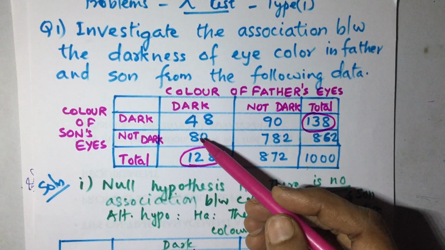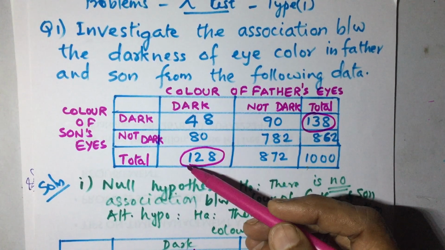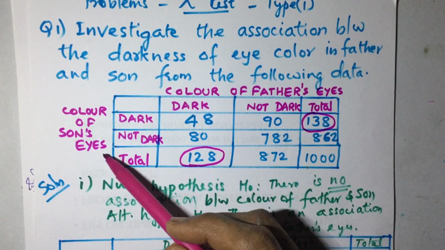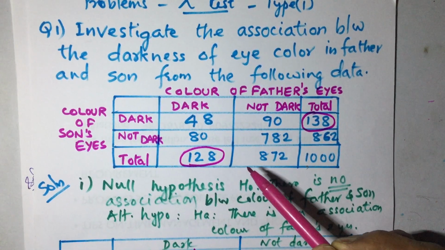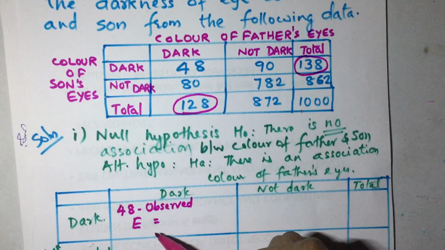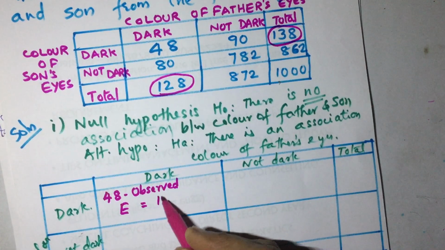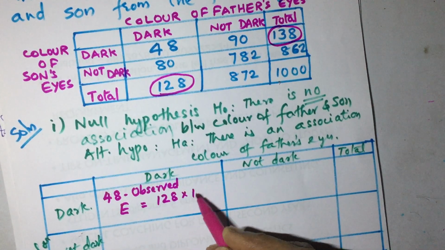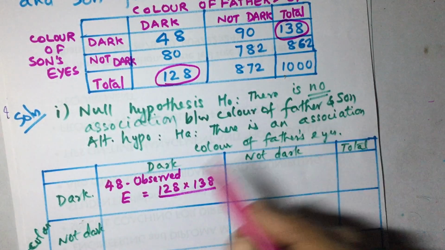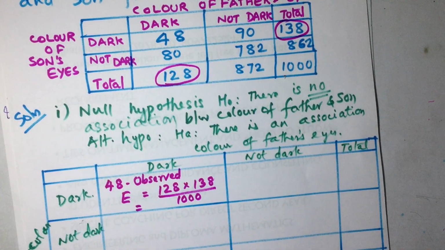Here we are thinking that independence of attributes means there is no relation between the color of father's eyes and color of son's eyes, like that we assume. So to get the expected frequency we do 128 into 138 divided by the total 1000.